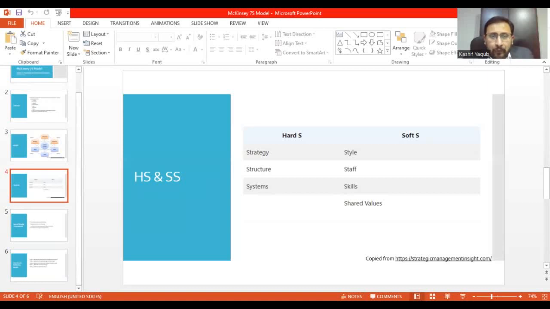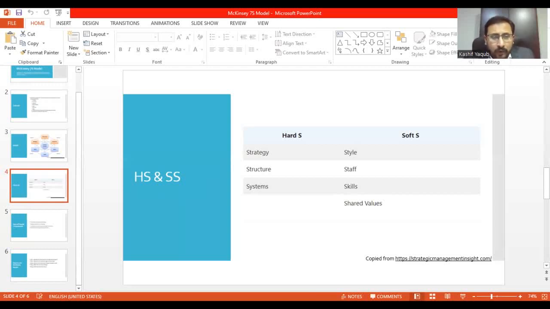So the key in the 7S model is not to look at your company to find great strategy, structure, systems, and so on, but to look if it's aligned with the other elements of this 7S model. For example, short-term strategy is usually a poor choice for a company, but if it's aligned with the other six elements, then it may provide a strong result.